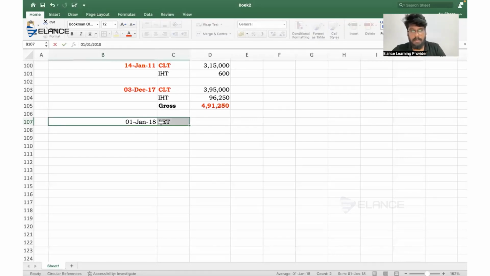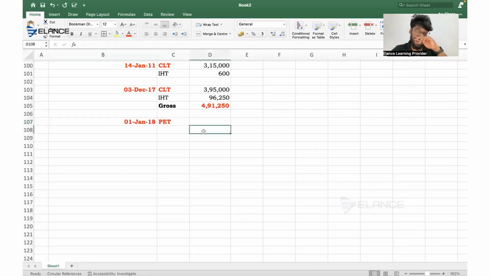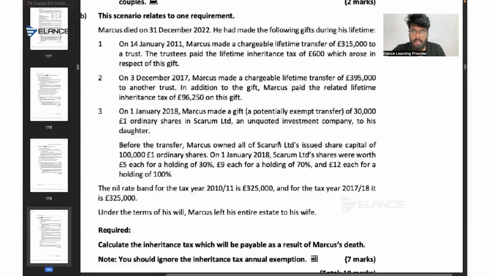This gift was transferred to his daughter, and we need to find the value of the transfer. Marcus is transferring 30,000 shares.